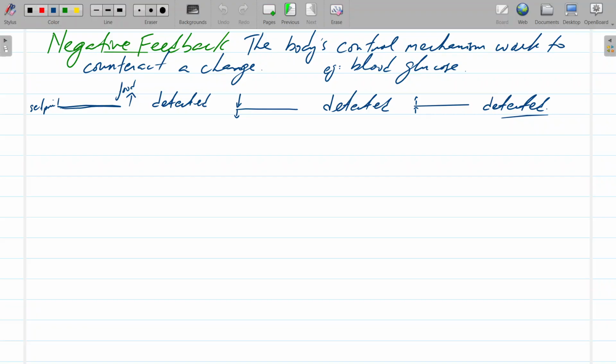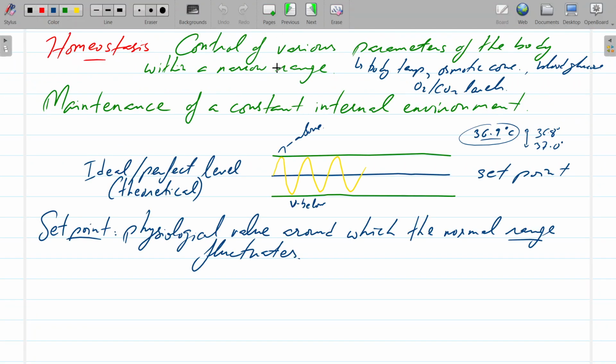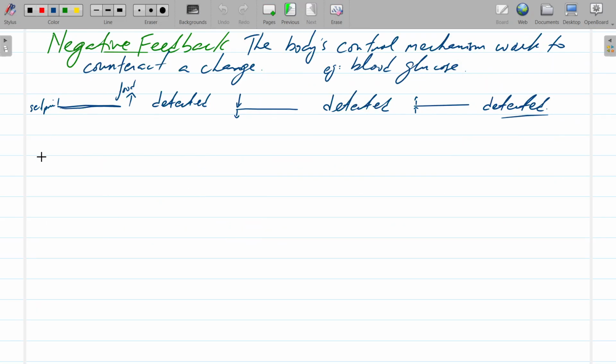Right, this is the basics of homeostasis. Now, as I mentioned, there are a number of different things, like body temperature.